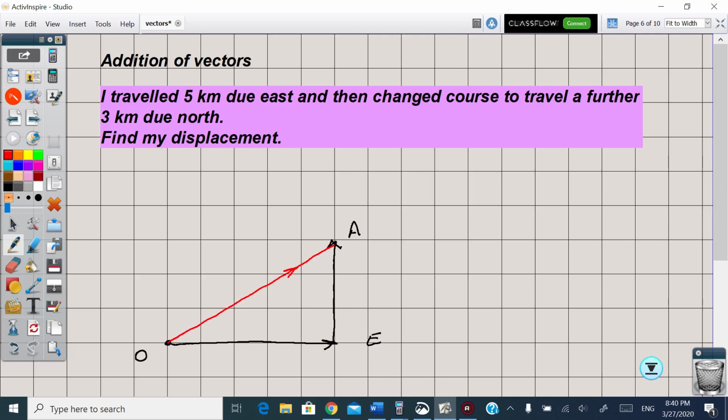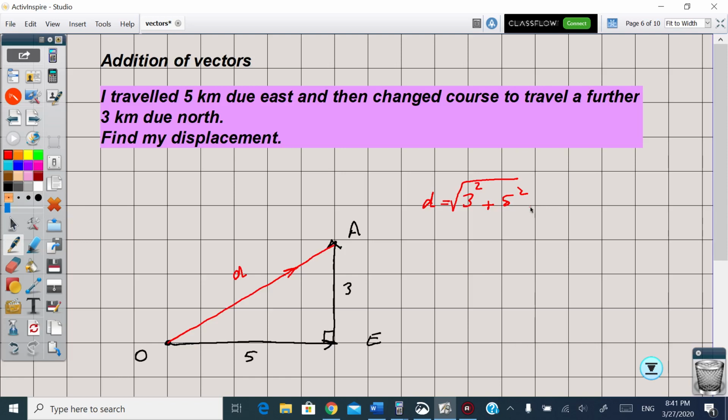How can I describe this vector? If this is 5 units and this is 3 units, then my displacement D has a magnitude of, by Pythagoras, the square root of 3 squared plus 5 squared. And I can justify using Pythagoras by the fact that I have a right angle here between the east and the north.